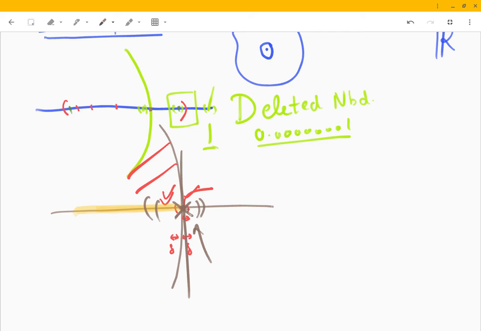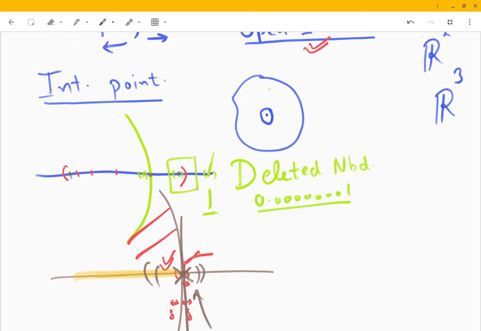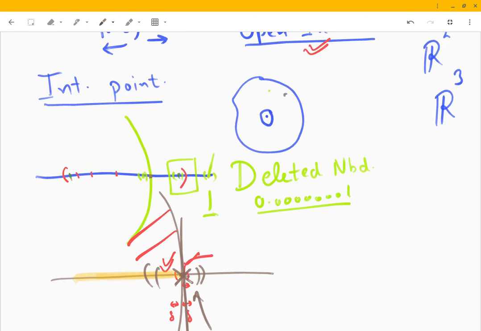Similarly, in the two-dimensional plane, any point and its delta neighborhood, if it lies entirely inside the set, that point is called an interior point, right? So points on the extreme, on the circumference, if it is a disk, some of the points in their neighborhood will lie outside the set.